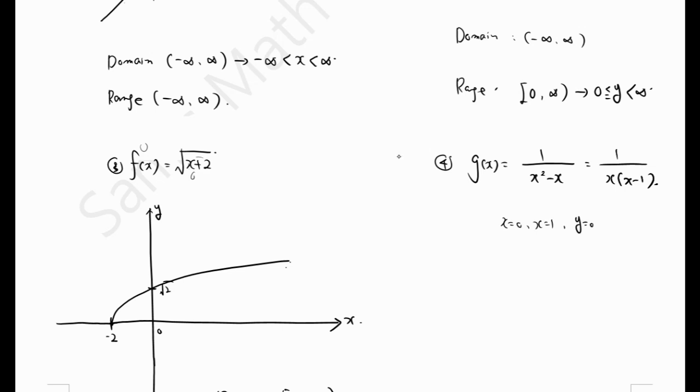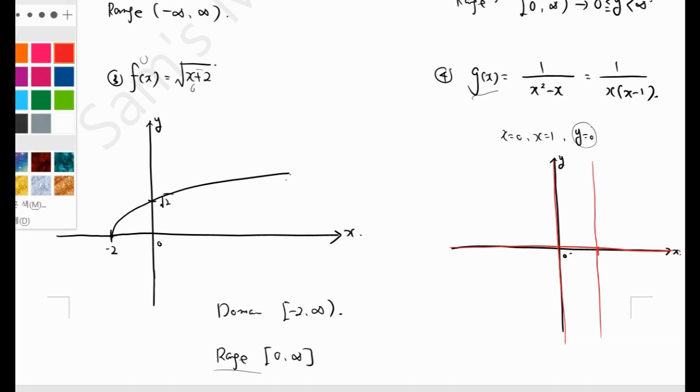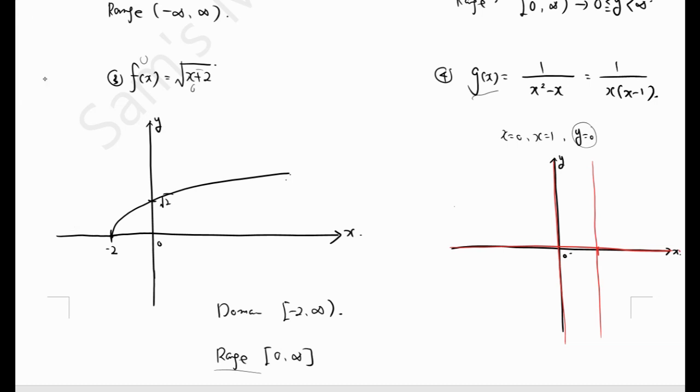When x approaches infinity and minus infinity, g(x) approaches 0, so y equals 0 is also an asymptote. In this graph, this is the independent variable and this is the dependent variable. The asymptotes are x equals 0 and x equals 1, and y equals 0. So we can graph it like this.